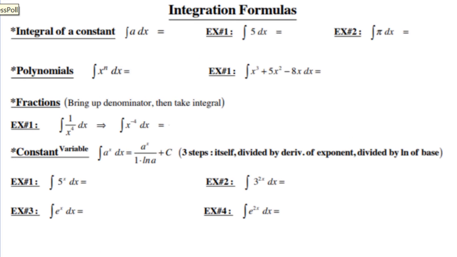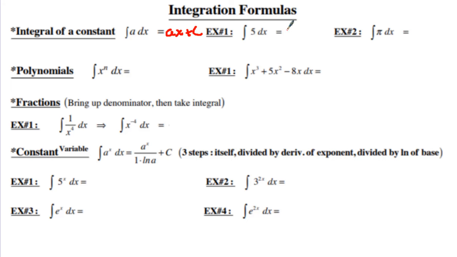Now we have all of our integration formulas. These are things that you want to know off the top of your head, all your integration formulas, and when you use them and use them and use them, you're going to end up knowing them. And so here I'm going to give you all your integration formulas. Obviously, if we integrate a constant, that's going to be ax plus c.